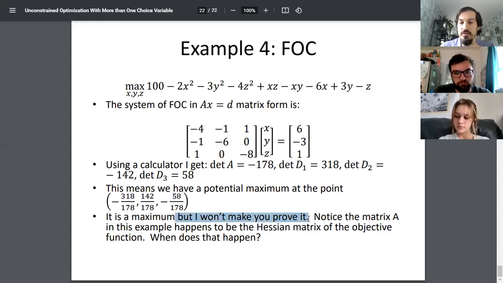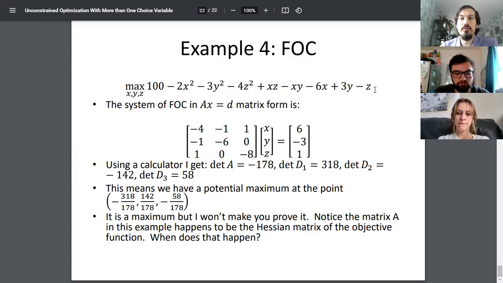I won't make you prove it, of course. But notice that the matrix A in this example happens to be the Hessian matrix of the objective function. When does this happen? I think I answered this question before. It doesn't always happen, but it happens when the objective function is no more complicated than a second order polynomial.